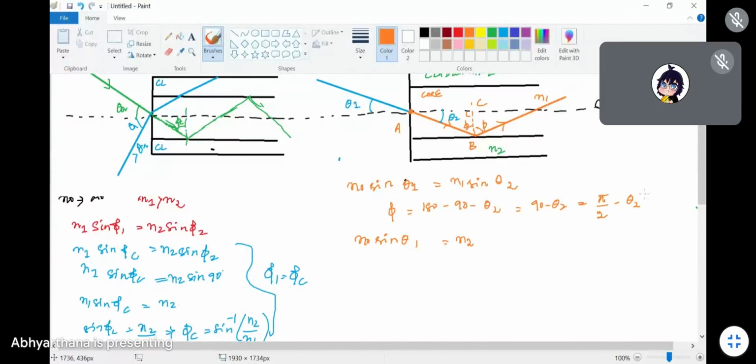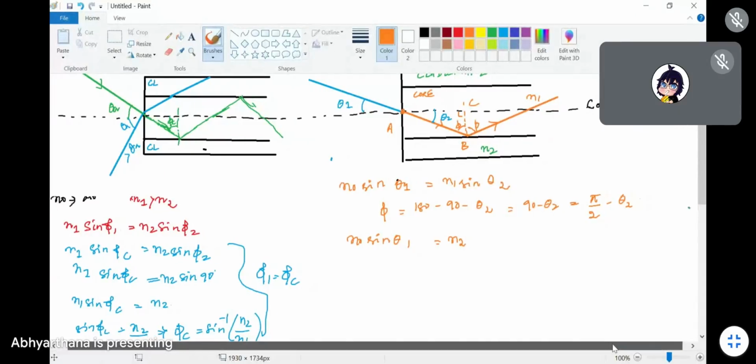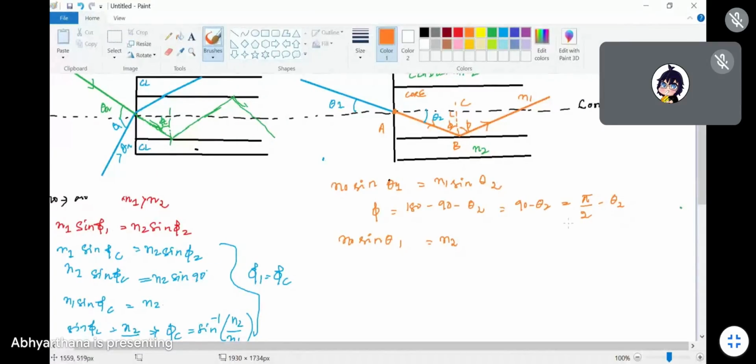So now I replace here: N naught sine theta 1 is equal to N1 sine of theta 2, which is N1 sine of pi by 2 minus phi. So this becomes N naught sine theta 1 is equal to N1 cos phi.